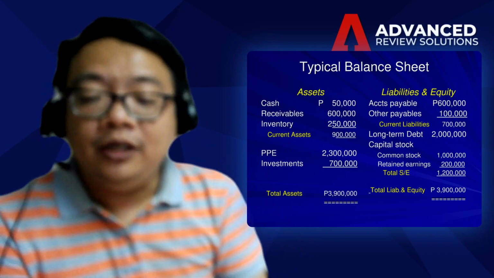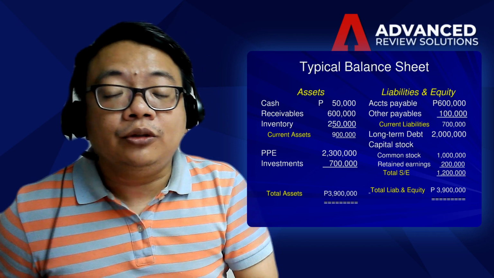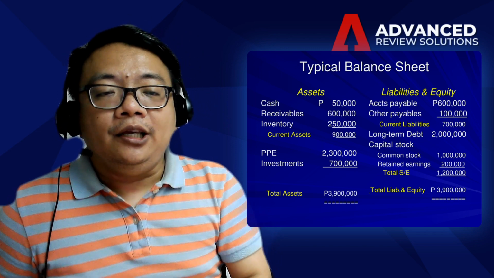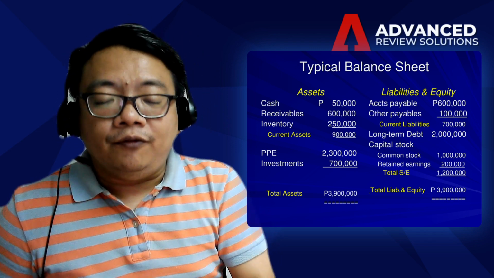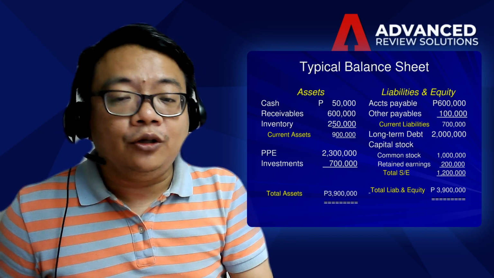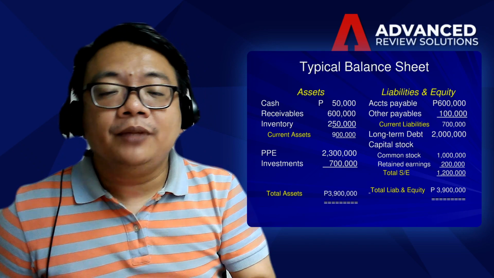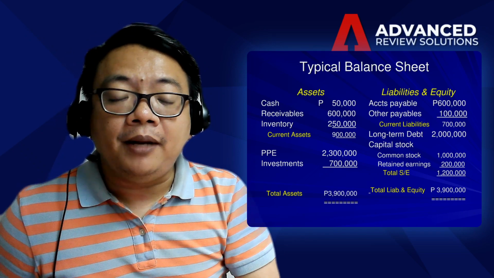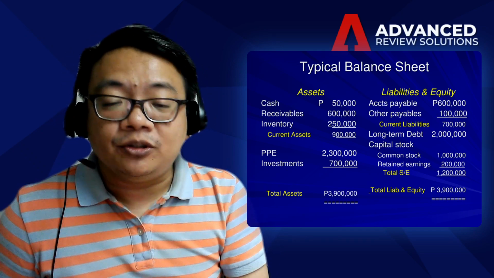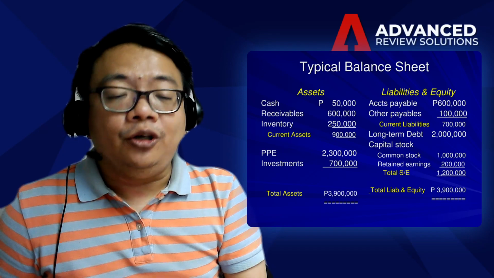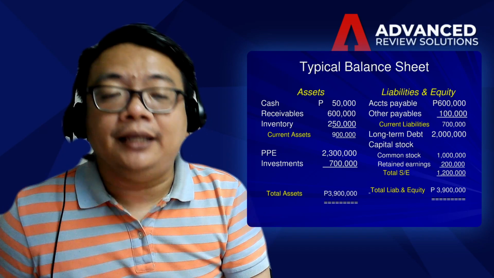All in all, that would be your total current assets. If you have 50,000, 600,000, and 250,000, all in all the total is 900,000. We have also your property, plant and equipment, and your investment. So all in all, your total assets is 3.9.